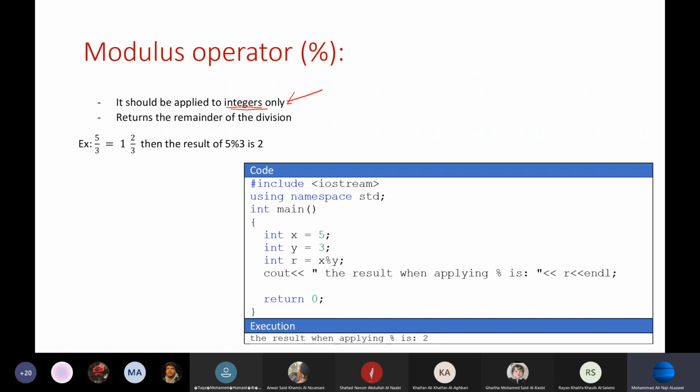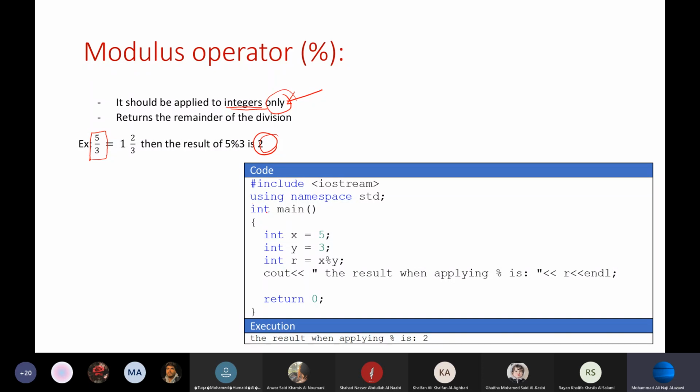The type should be integer only. It returns the remainder of the division. For example, 5 divided by 3 equals 1 and 2 over 3, then the result will be 2. By the way, it's new to you, but it's very important.